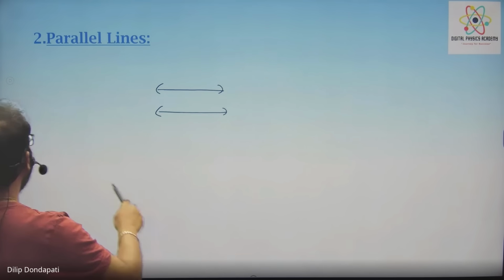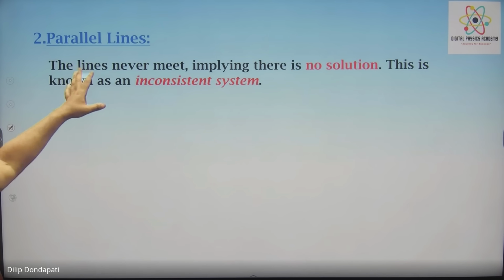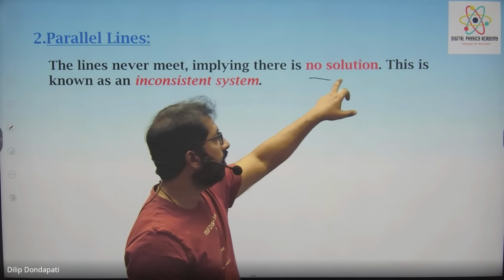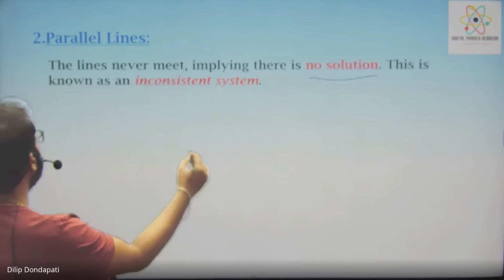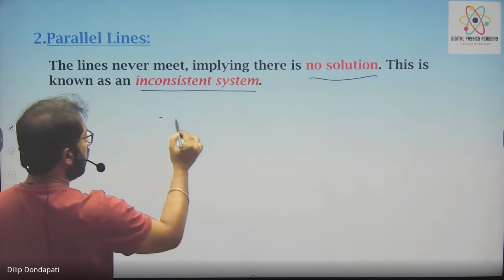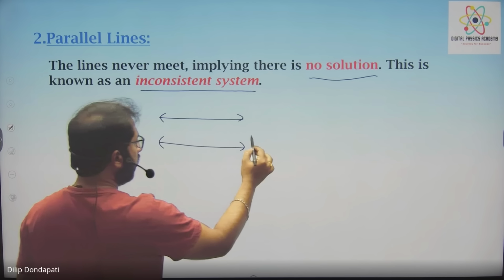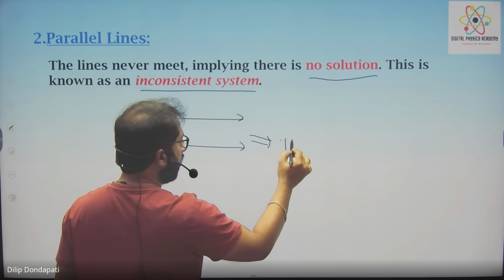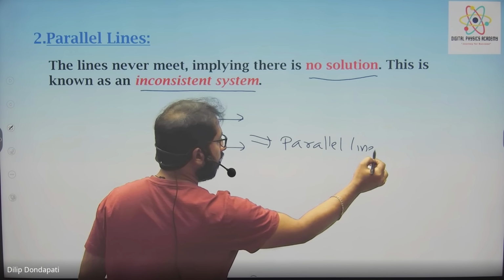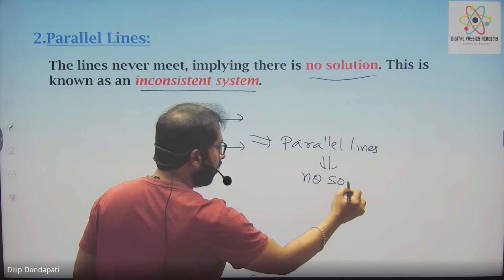Okay. So see, the lines never meet, which implies there is no solution. So parallel lines have no solution. Since there is no solution, it is called an inconsistent system. These are the parallel lines with no solution.